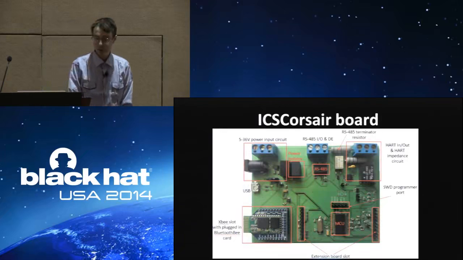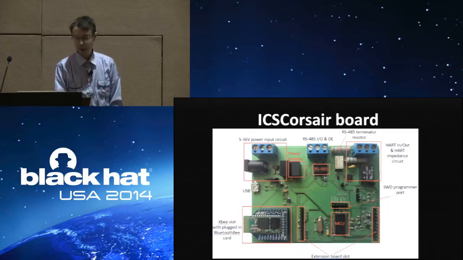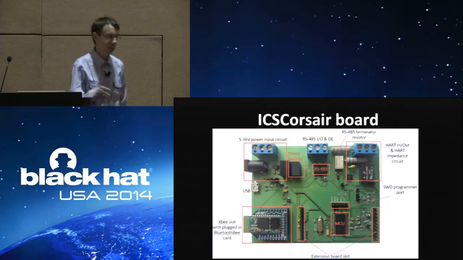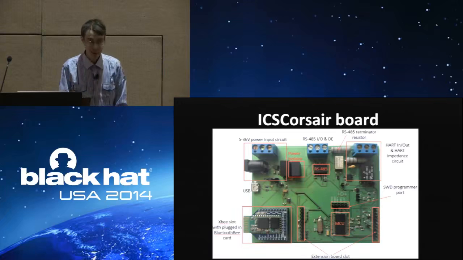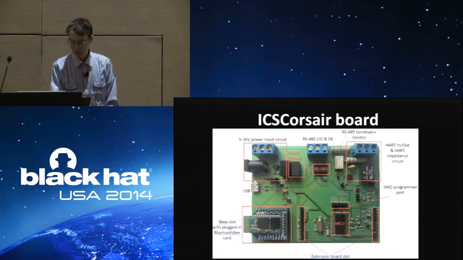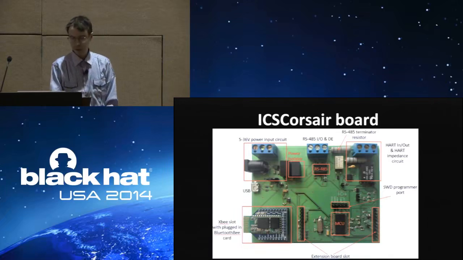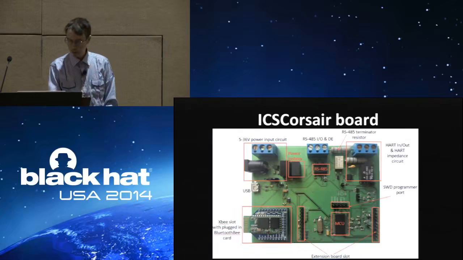Let's look closer at the board. It has a USB connector and an XBee slot. With these things you can interact with the board wired over USB or wirelessly over an XBee card, over Bluetooth, Wi-Fi or other XBee cards. Also it has a power supply circuit that allows you to connect to almost every industrial power line.